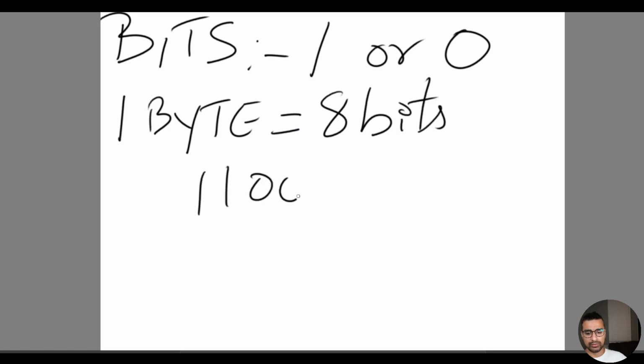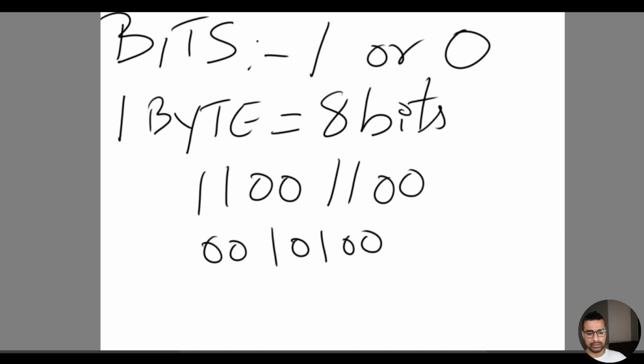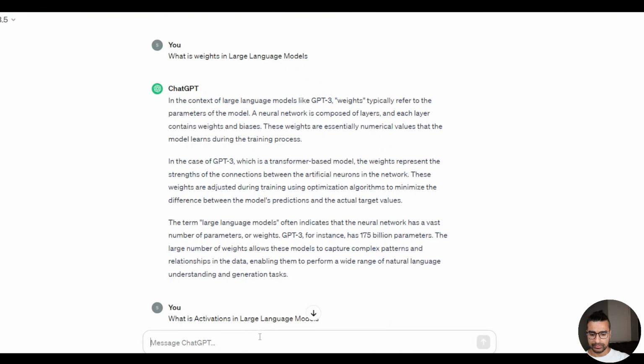So for example, something like 1100 1100, eight binary digits, or it could be 0010 1001. Every 8 bits of binary has some numerical value associated with it. So let's ask ChatGPT what the value of this one is.